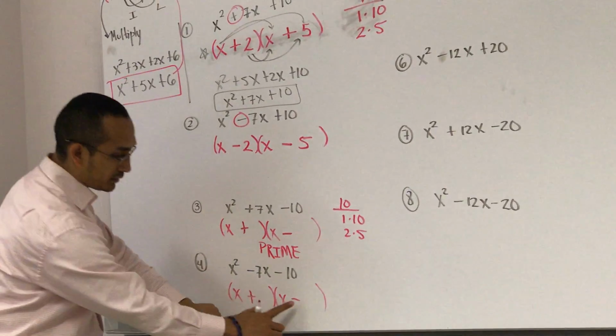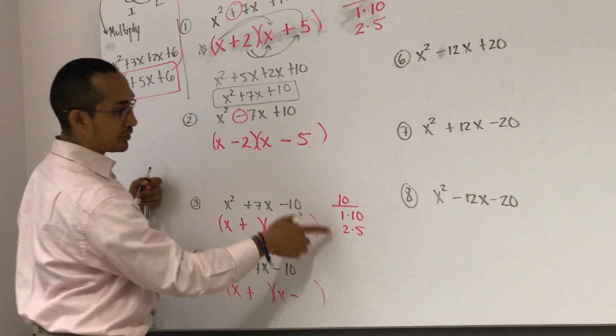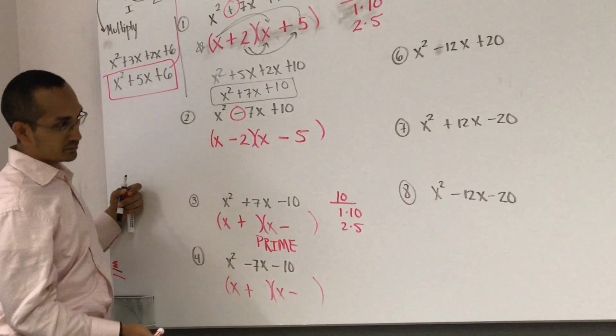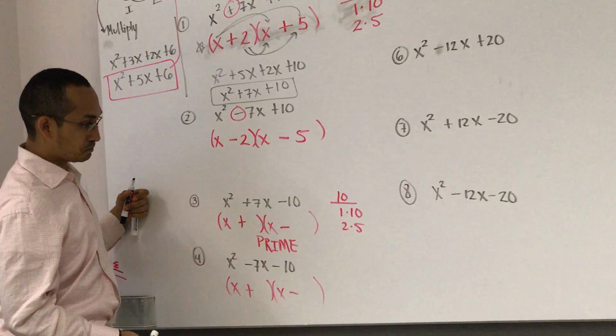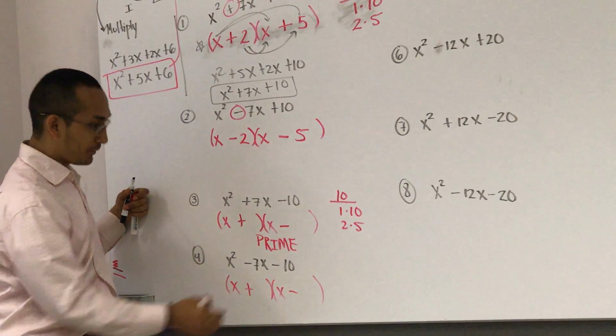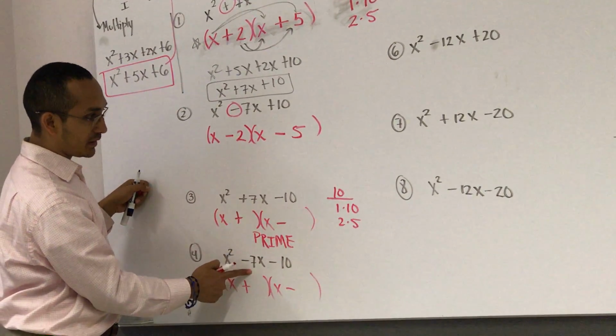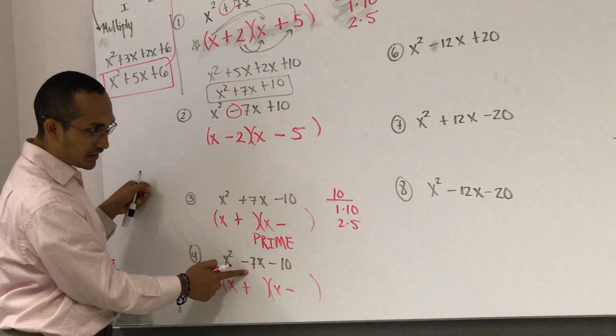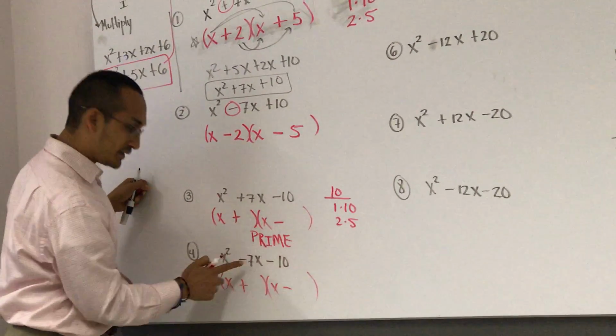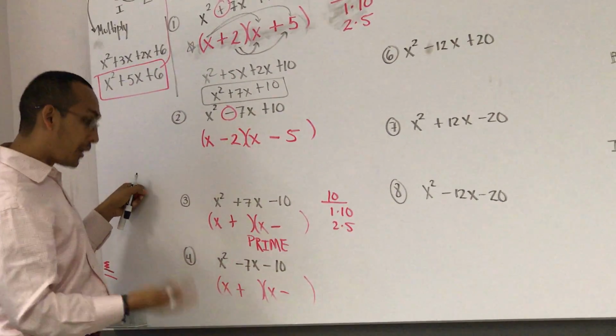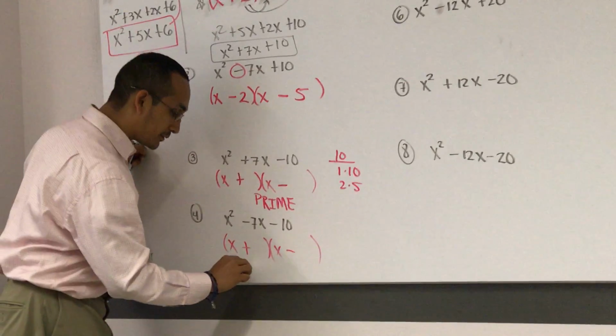Which of these two, with different signs, when subtracted, give you a negative 7? Well, if you have 10 and 1, 10 minus 1 doesn't give you that. 5 minus 2 still doesn't give you that. 2 minus 5 still doesn't give you that. So there's a problem. So because there's a problem, it's still prime.